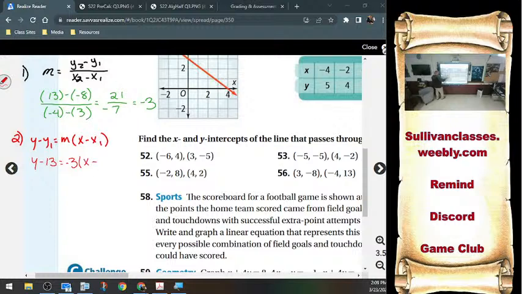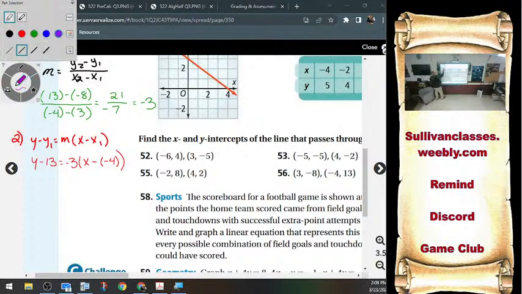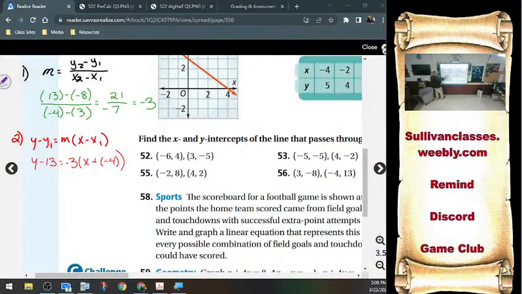X minus, careful, negative 4. So I add the opposite. That's another thing. Make sure you're simplifying that when you're writing equations. There's a couple of you who got docked that one because you didn't actually simplify your equation. Call that y minus 13 is negative 3 by x plus 4.